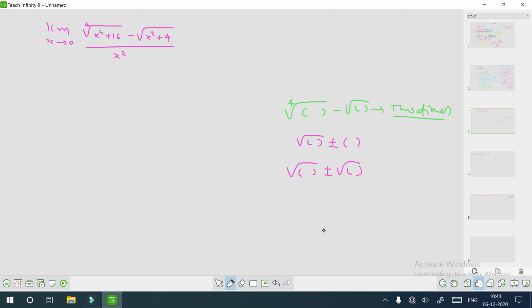When this form is in the numerator, fourth root and square root, then what will we do? We have to rationalize 2 times. Clear? Yeah. So this is the typical example. So rationalize this one 2 times, this form.